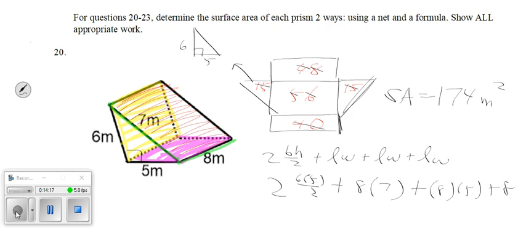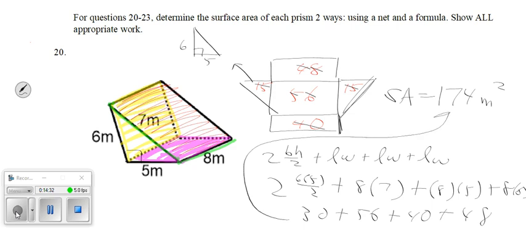It's the world's worst 6. Once you've substituted it, 30 divided by 2 is 15. You get 30 plus 56 plus 40 plus 48. When you add all those together, you're going to get the same answer of 174 square meters.